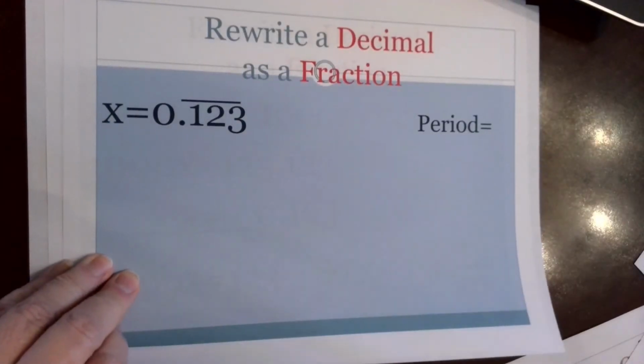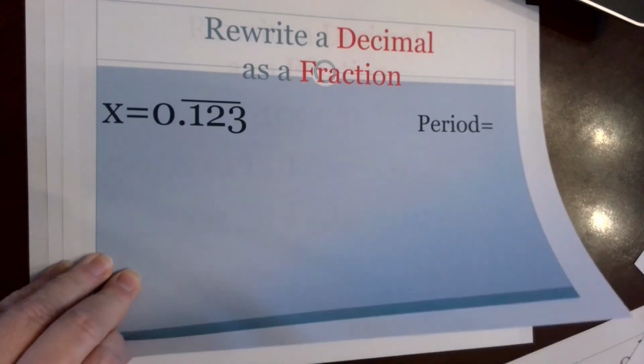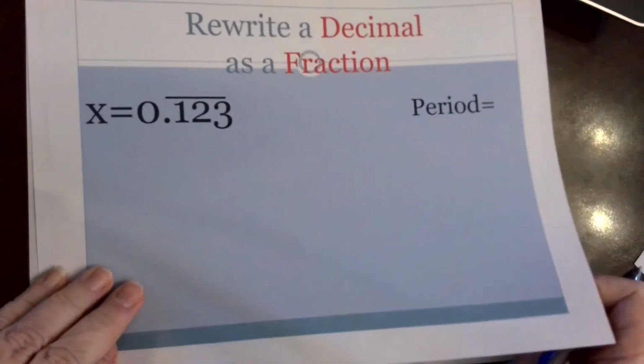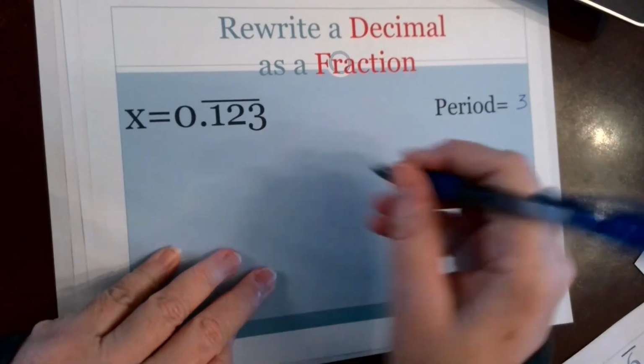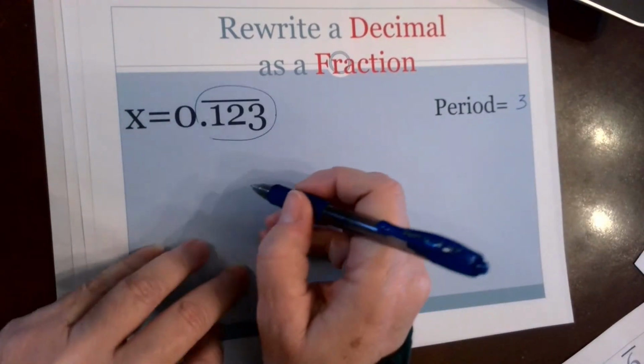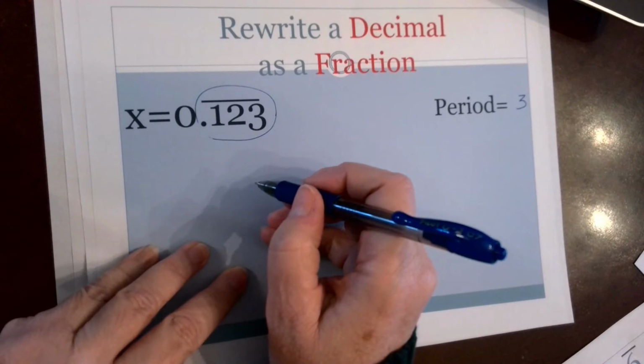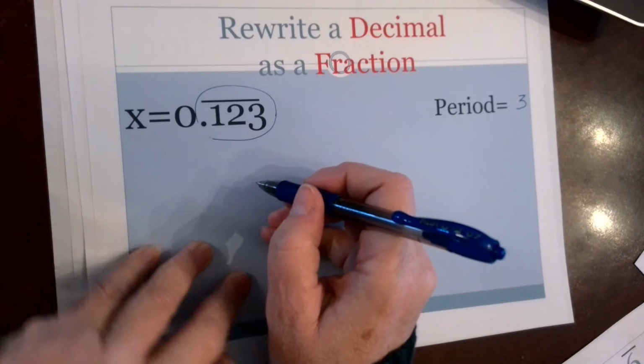Let's rewrite 0.123123123123 as a fraction. The period is 3 because 3 of the digits after the decimal repeat themselves.